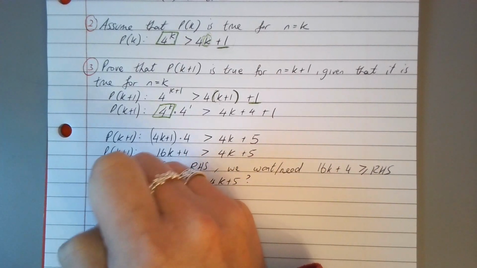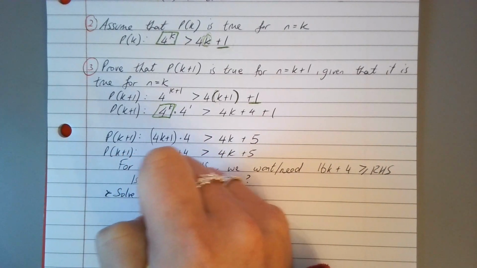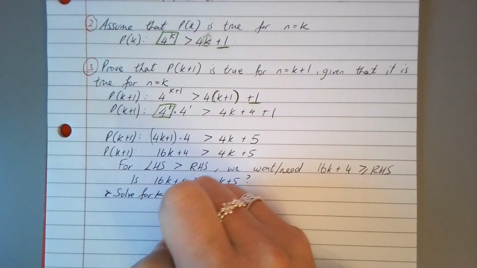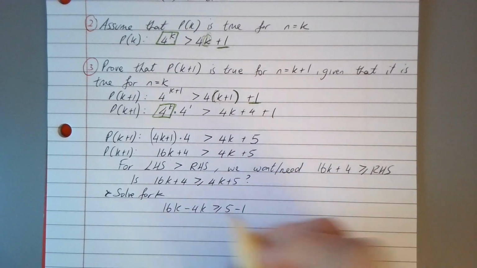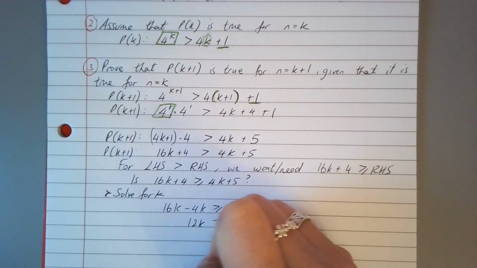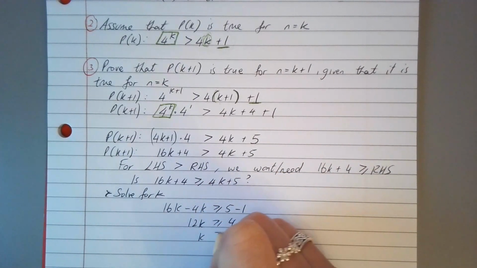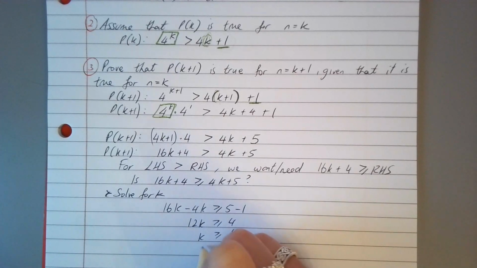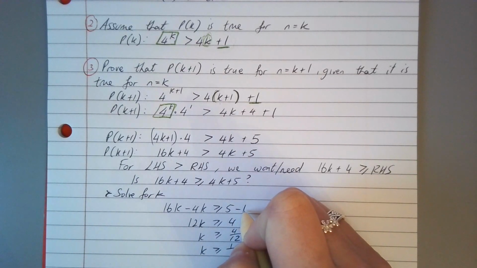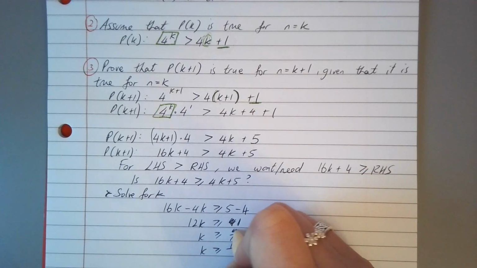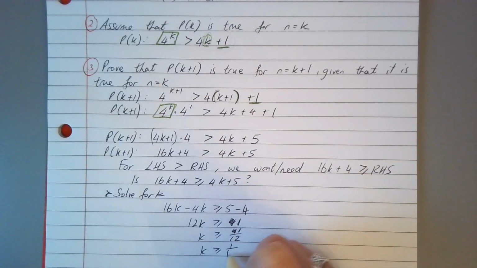So solve for k, and we've got 16k minus 4k greater than or equal to 5 minus 1. 12k greater than or equal to 4. K is greater than or equal to 4 over 12. Sorry, that should be 4 here, so this should be 1 over 12, perfect.